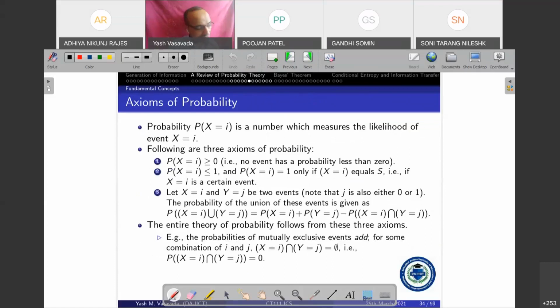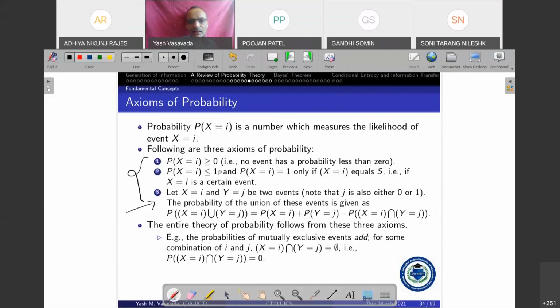And now Kolmogorov came up with these 3 axioms of probability theory, which are similar to what we have studied in the context of PMF. But there is one axiom, axiom number 3, which is new. And we will be studying that. The first axiom says that probability can never be negative.